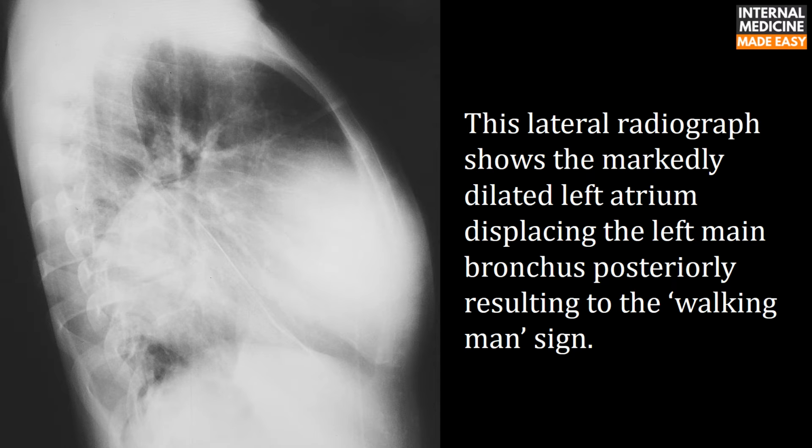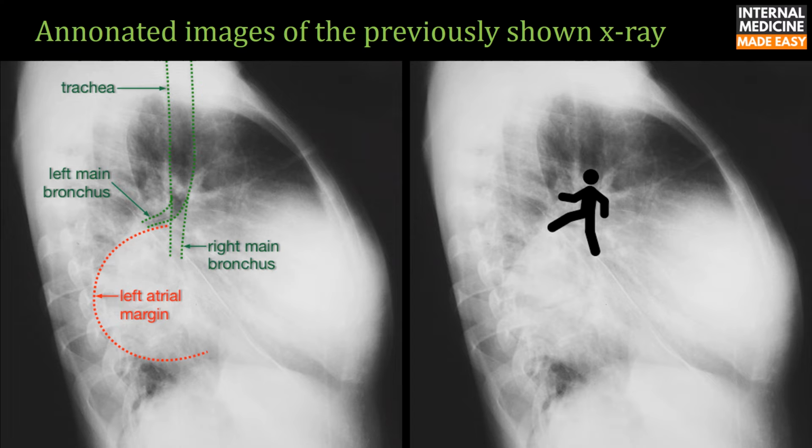This lateral radiograph shows the markedly dilated left atrium displacing the left main bronchus posteriorly, resulting in the walking man sign. These are the annotated images of the previously shown X-ray.